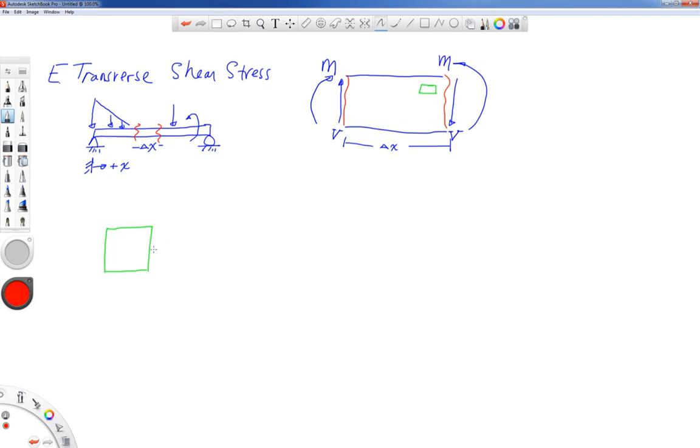If that is up on the top of the beam, the way I'm going to write that then with our coordinate system starting at the neutral axis is sigma in the x direction is equal to minus My over I, where I've got some neutral axis in here, and y is positive up from the neutral axis.